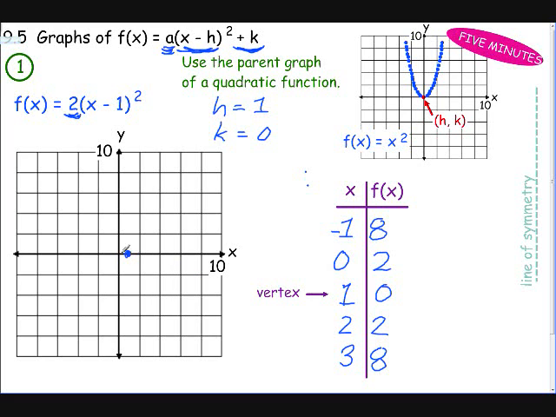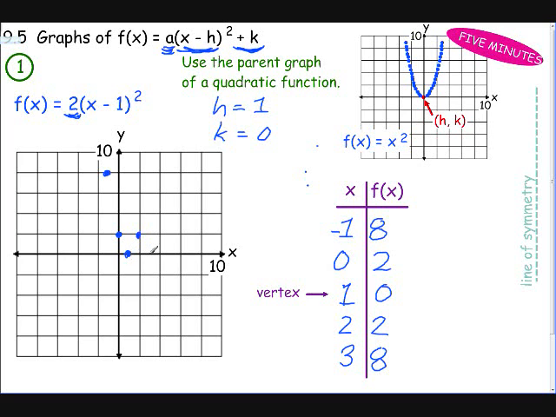And what else do I have? If I have x equals 0, I go up 2. If I have x equals negative 1, I go up 8. If I have x equals 2, I go up 2.